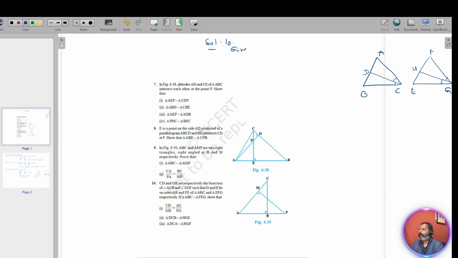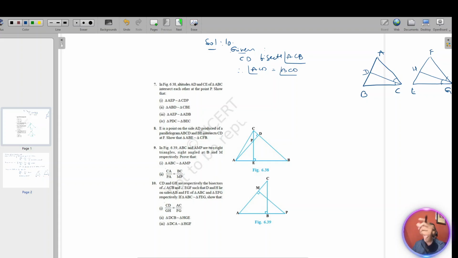Given. What is given? CD is the angle bisector of ACB. That is, we'll say CD bisects ACB. Therefore, what we get from that? ACD equal to BCD. Okay.